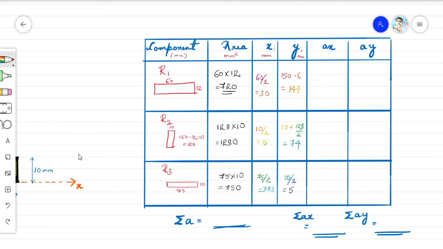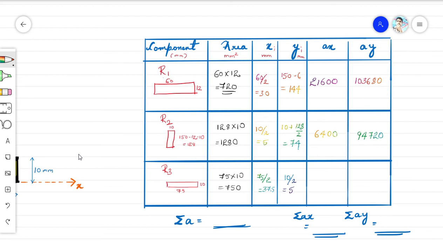That is 21600, and this one will be 103680. 1280 into 5 becomes 6400. 1280 into 74 becomes 94720. Just calculate by yourself once.